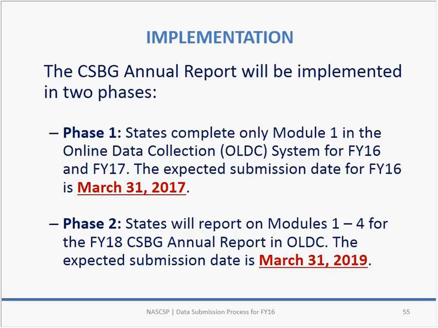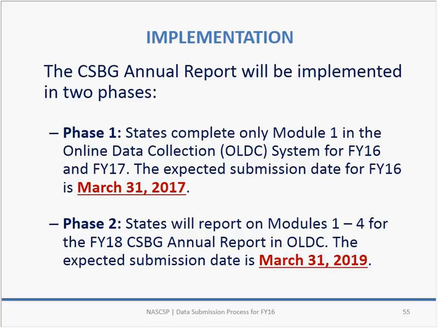So again, many of you have probably heard or read that the implementation of the annual report will not happen all at once. It will start in the first phase, focusing on Module 1 on state administration. So Module 1 will be reported for fiscal year 16 and fiscal year 17, the first submission being March 31st, 2017.